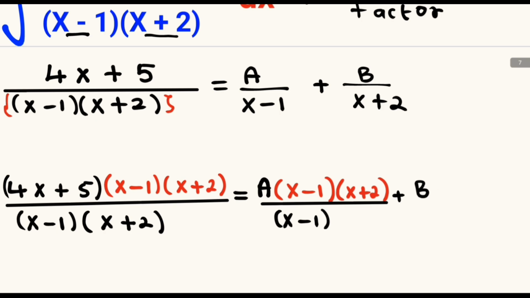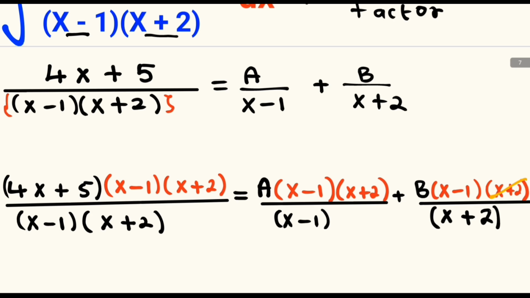plus b also multiplied by x minus 1 into x plus 2 divided by x plus 2, and that x plus 2 and that x plus 2 will cancel out each other, and the x minus 1 and that x minus 1 will cancel also.